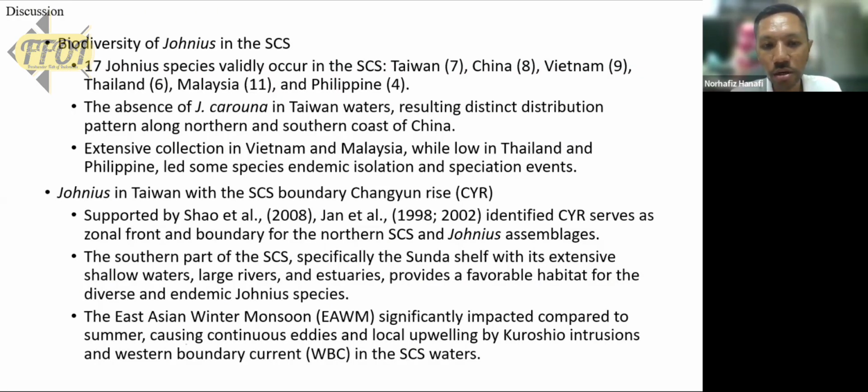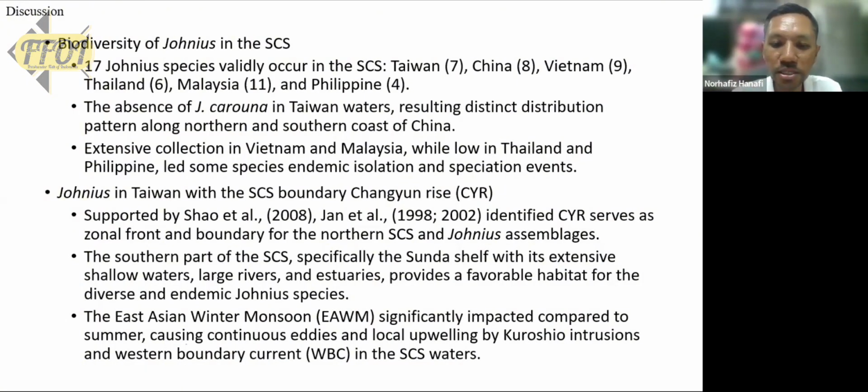In Taiwan, I find out the boundary like Changyun rice, they have like a shallow water. They have the estuary, macam favorable habitat to the genus.